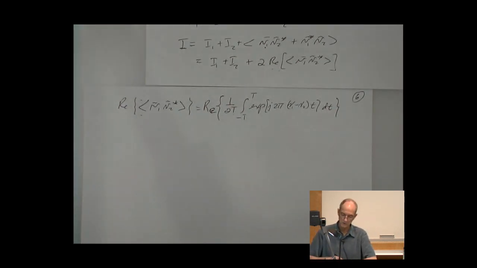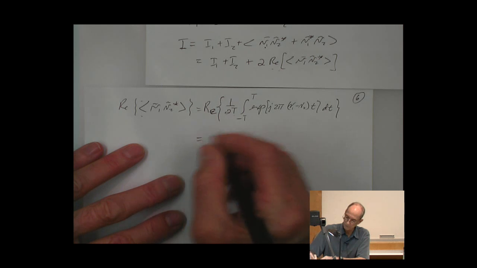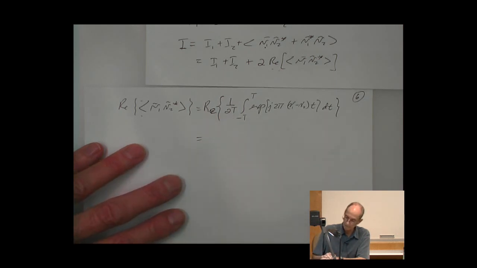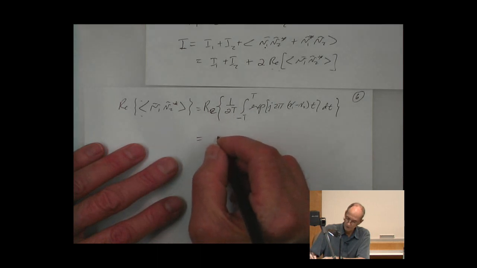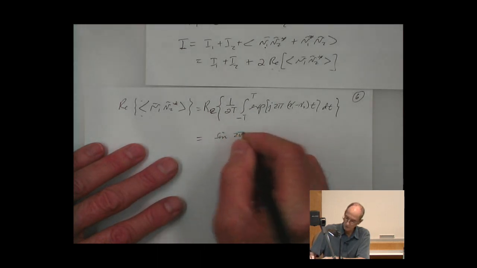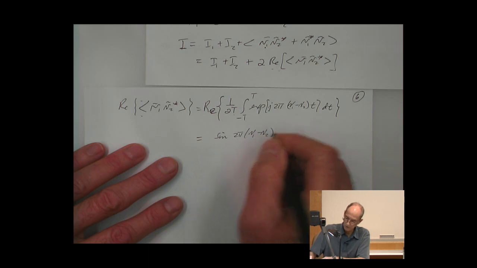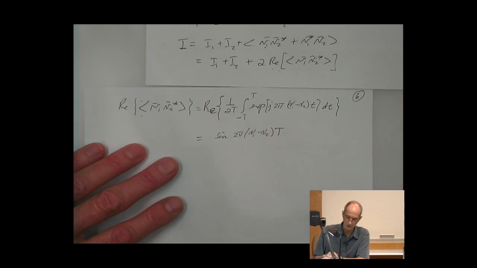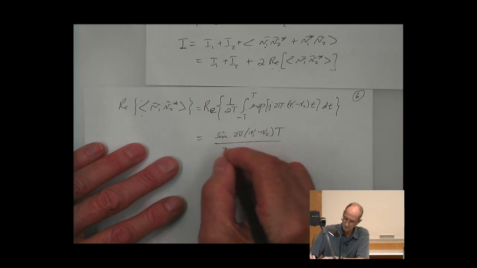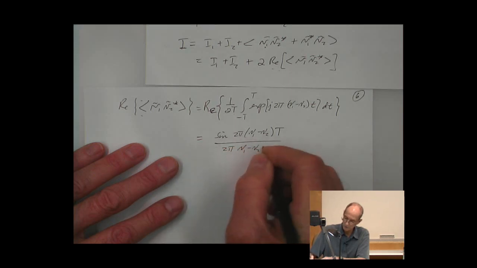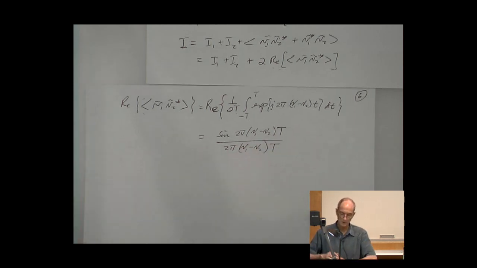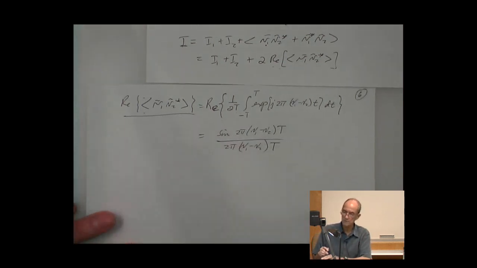That looks familiar. That's just the Fourier transform of a rect function. So for this form, the function is simply equal to sine of 2 pi (nu 1 minus nu 2) T divided by 2 pi (nu 1 minus nu 2) T. So we will have good fringes provided this has a non-zero or significant value.